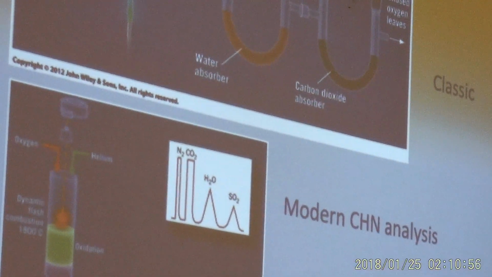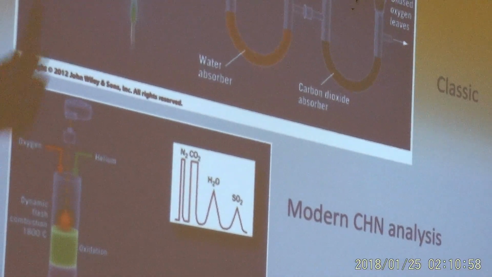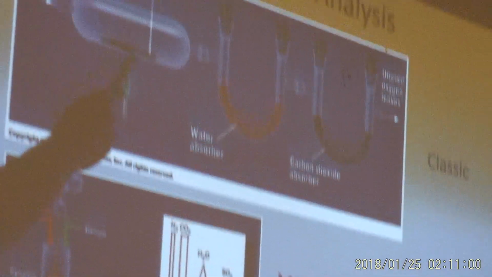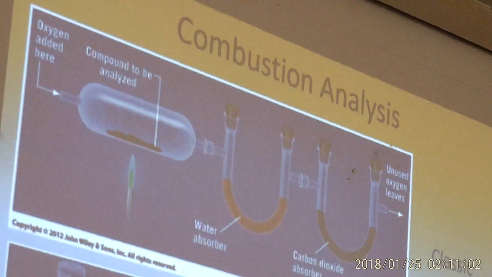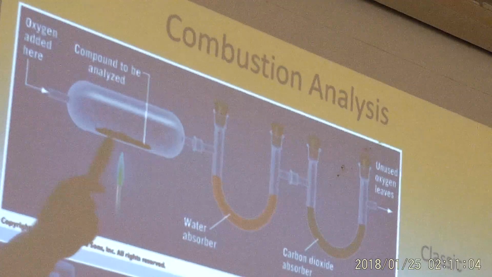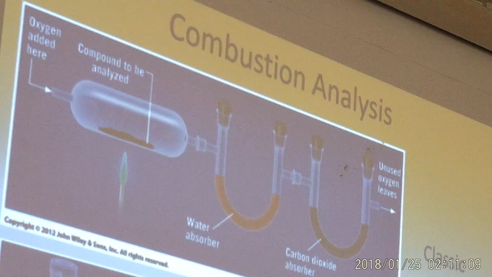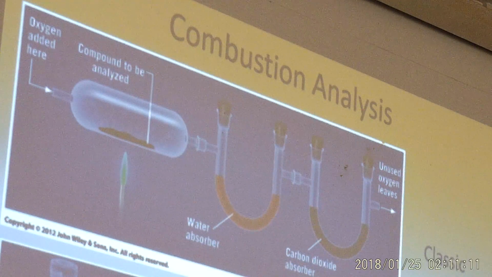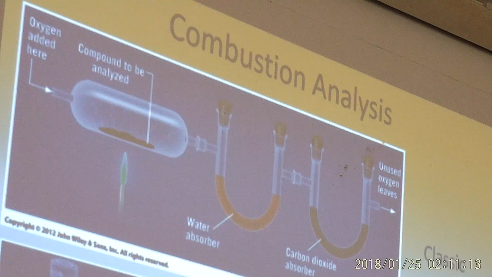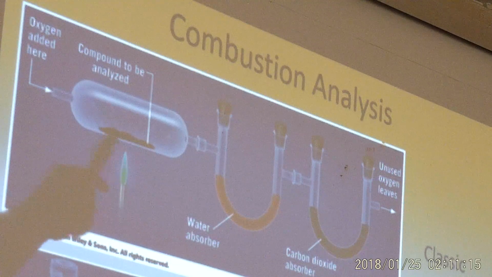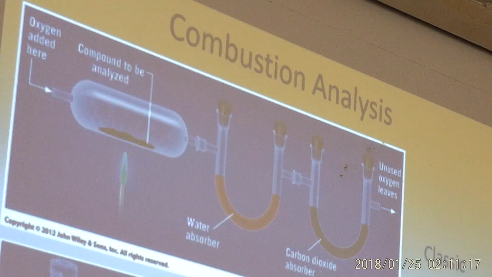So look at this nifty little laboratory setup. If I take a compound and put it inside this container here, and I put oxygen into this container right there, I get the compound really hot and add this oxygen. What happens to an organic material if I get it hot in the presence of oxygen?